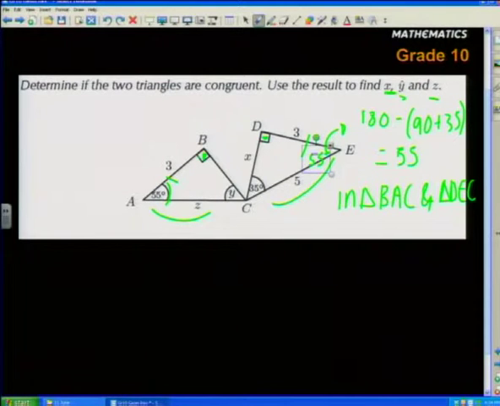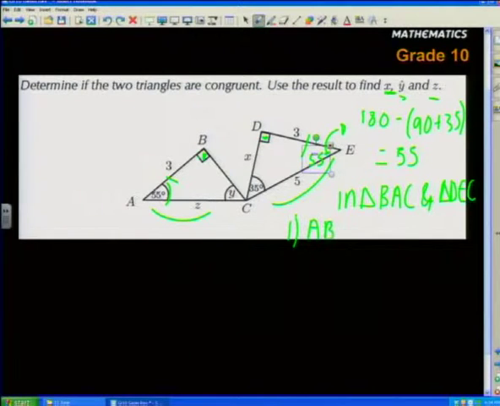Those are the two triangles I'm looking at. And remember, when you do congruency, you set it out in steps and you start by stating the triangles you're looking at. So the first reason for them being congruent is that side AB is equal to DE.